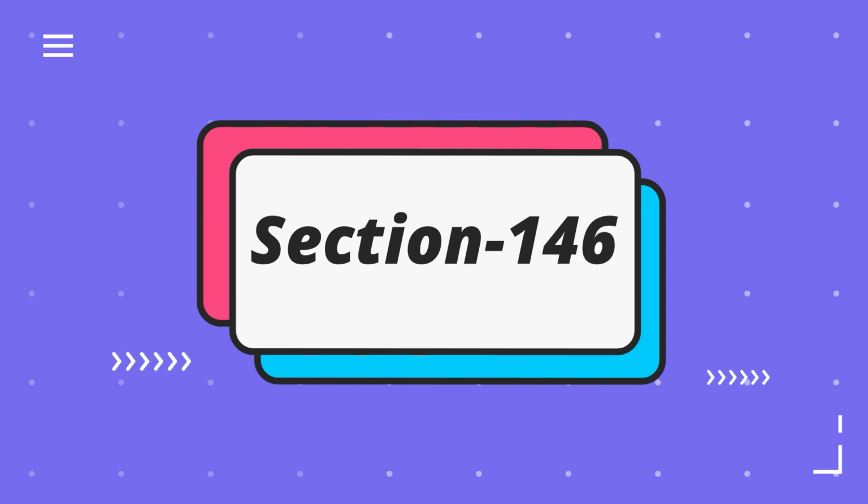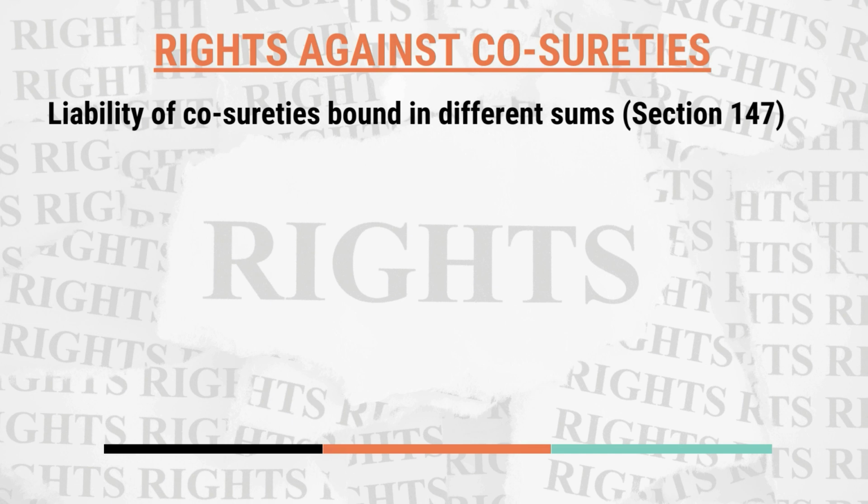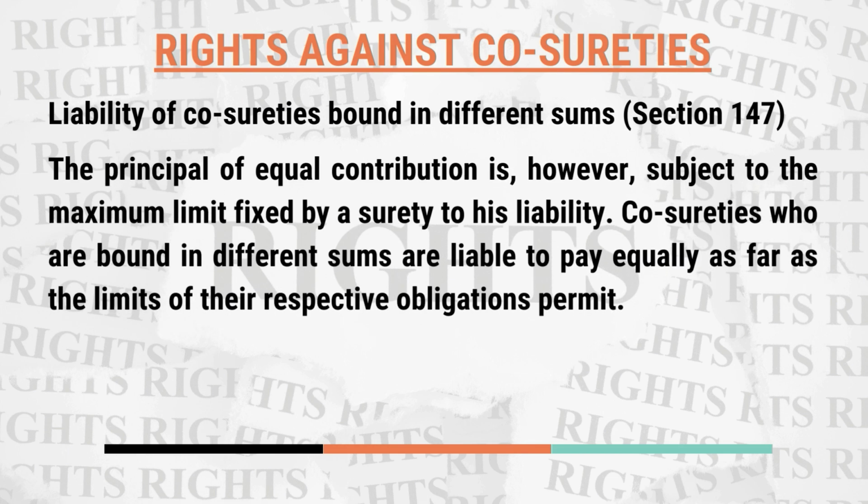Next is the liability of co-sureties bound in different sums. They may be different in the situation covered by section 147. The principle of equal contribution is, however, subject to the maximum limit fixed by the surety for his liability.